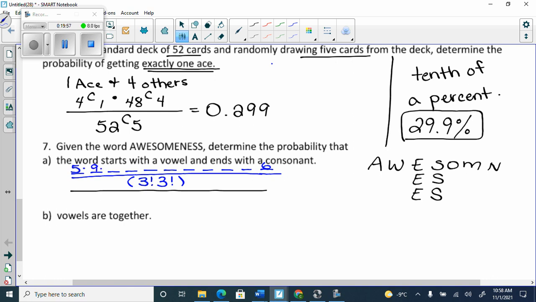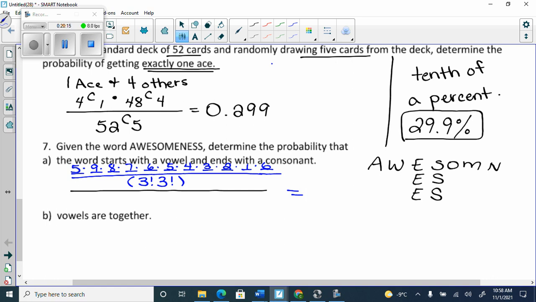So how many do I have left for this blank? 9, 8, 7, 6, 5, 4, 3, 2, 1 times 6. I'm going to type that into my calculator. Everyone type that one in so you get a number. 5 times 6 times 9 factorial.